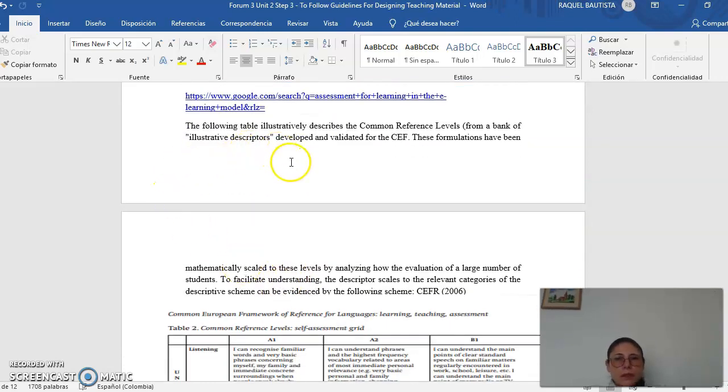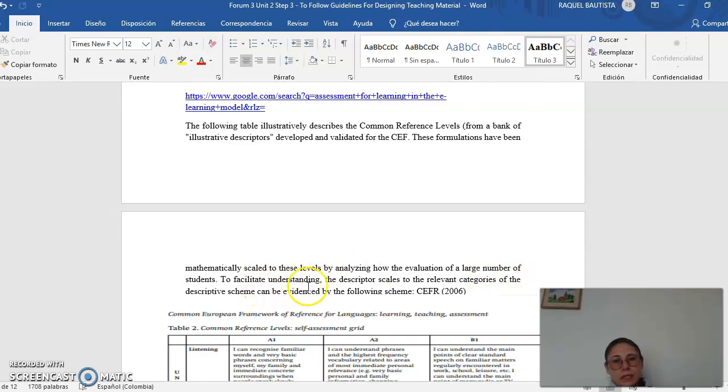The following table describes the common reference levels from a set of illustrated descriptions developed and validated for the CEF. These formulations have been mathematically scaled to the levels by analyzing how a large number of students were evaluated.